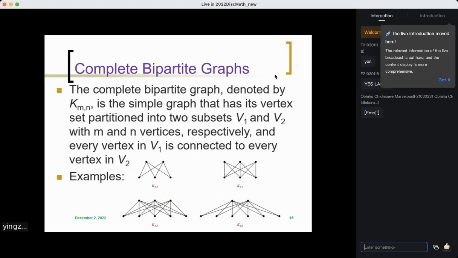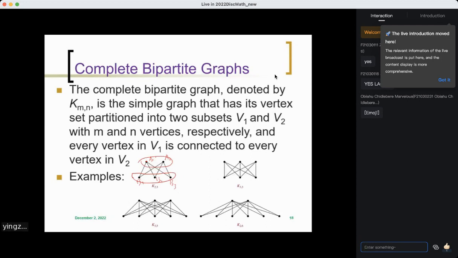And here is a complete bipartite graph. For example, we have two parts, here and here. Say the first part has A1, A2, and the second part has B1, B2, B3.